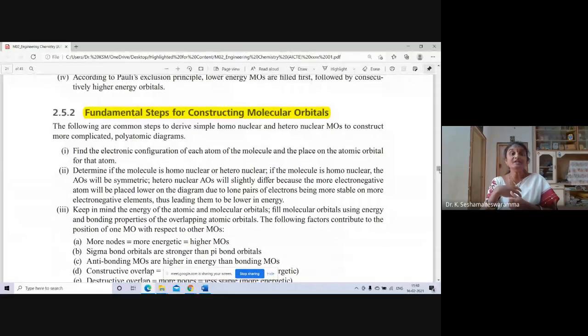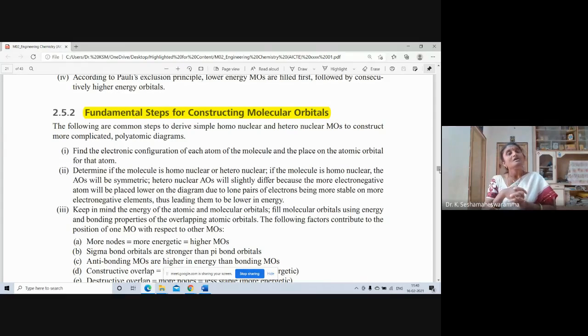Determine if the molecule is homonuclear or heteronuclear. If the molecule is homonuclear, the atomic orbitals will be symmetric. Heteronuclear atomic orbitals will differ slightly, because the more electronegative atom will be placed lower on the diagram due to lone pairs of electrons being more stable in more electronegative elements. That leads them to be lower in energy.